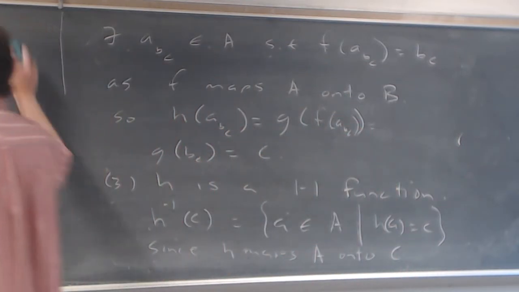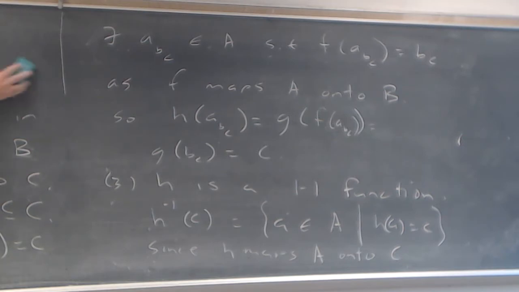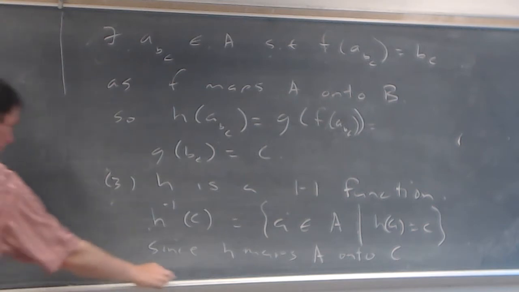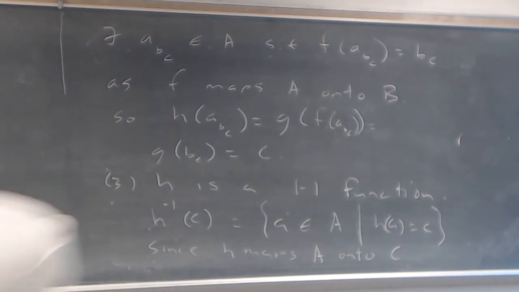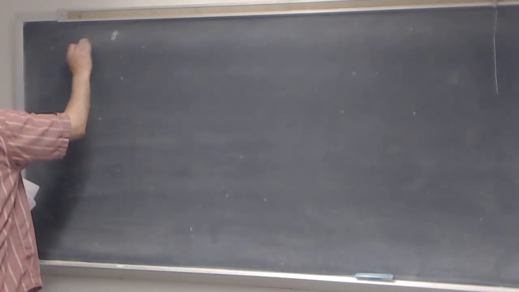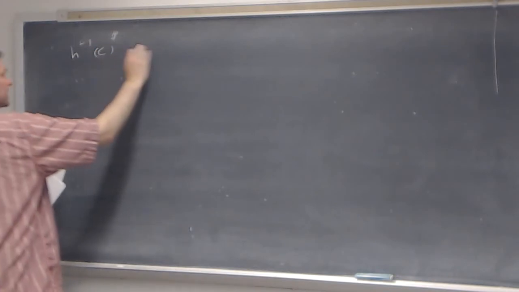That's a big C here, this is a little c. So since H maps A onto C, that means that H inverse of c, the inverse image of this little c, is non-empty.